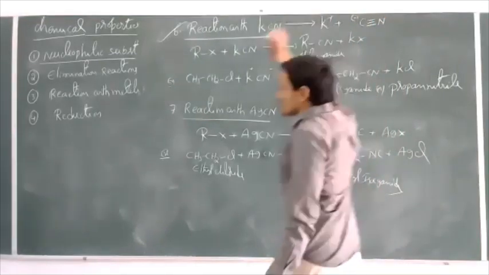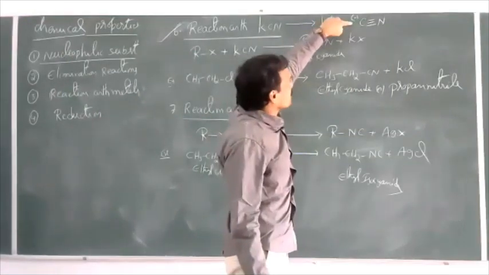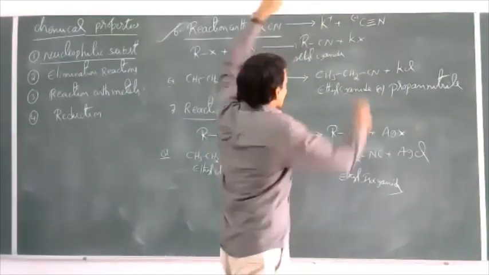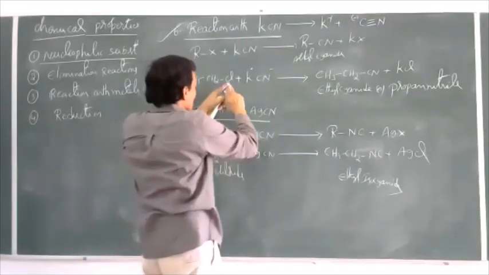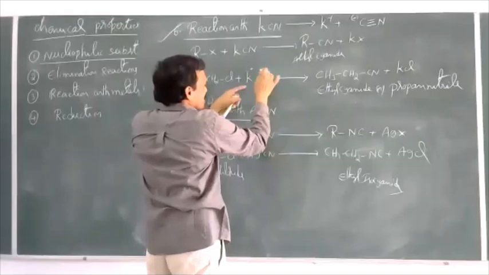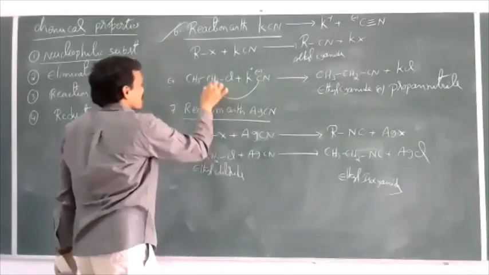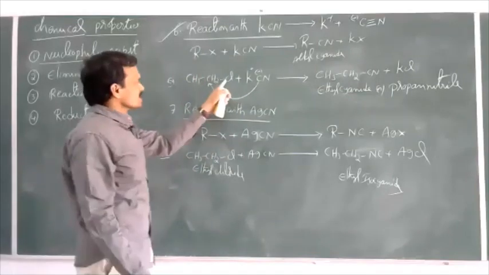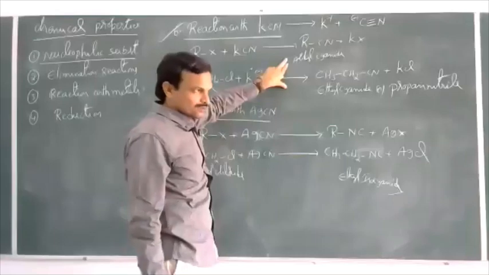This is the structure of CN-. Here carbon contains a lone pair, meaning carbon is free to donate a lone pair of electrons. So this carbon attacks the alkyl carbon and replaces Cl-. In CN-, the negative charge is present on carbon, and this carbon attacks the carbon atom, thereby Cl- is replaced. This reaction takes place by ionic mechanism.